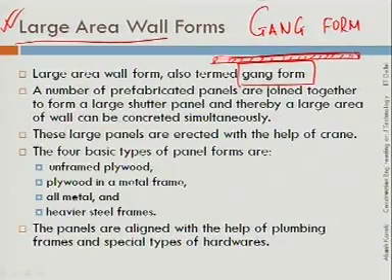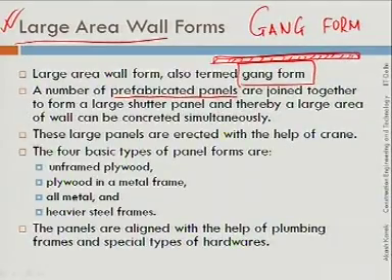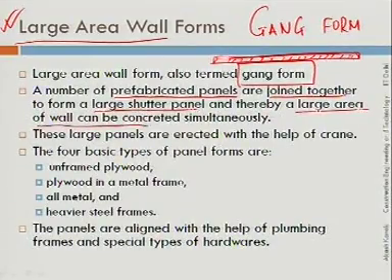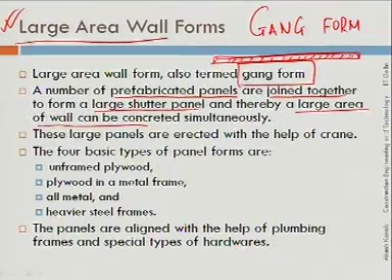For manufacturing this, you need a large number of prefabricated panels which are joined together so that they form a large shutter panel, so that you can carry out a large area of wall concreting in one go. Since they are of relatively heavy weight, they require a crane.